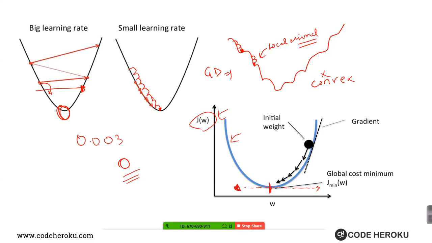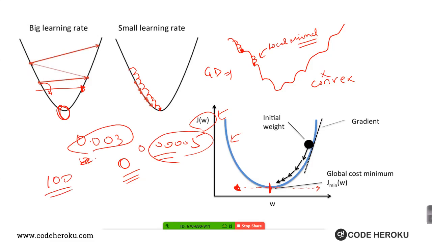So what kind of threshold do you set? Do you set it as 0.0003, 0.0005, or what do you want, right? You can't be really sure what number to fix at. And that's why what most people do is, rather than putting a threshold on where to stop, they say, I'm going to do this iteration for, let's say, 100 times, and whatever answer I get, I'll just stop there.